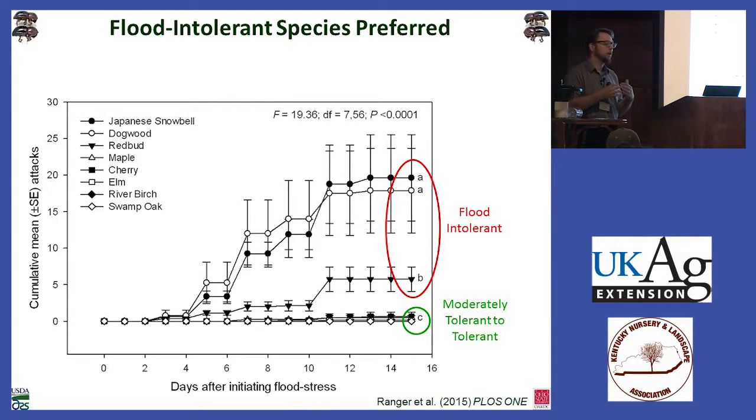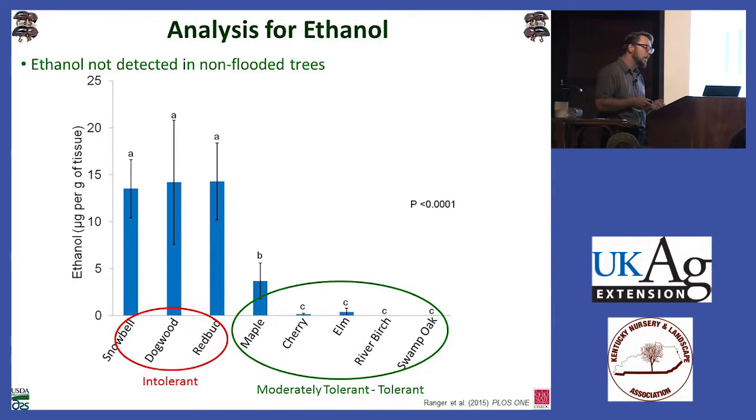If water levels are allowed to build up and it's an intolerant tree, that's where you're going to have issues. I should point out that we analyzed these trees for ethanol, and ethanol levels were significantly higher in the intolerant species versus the tolerant species, and no ethanol was detected in the non-flooded trees.